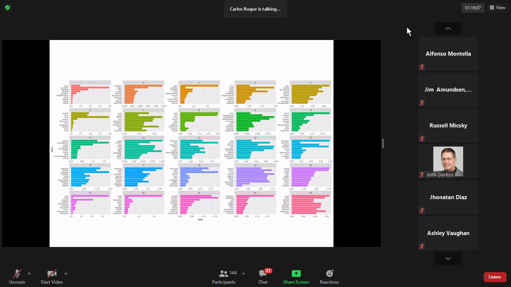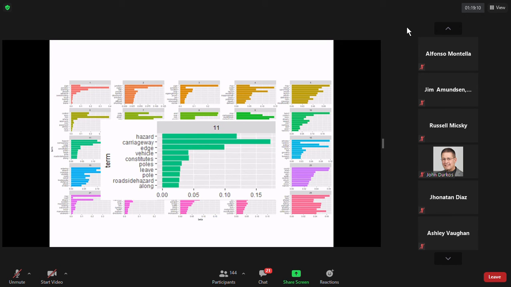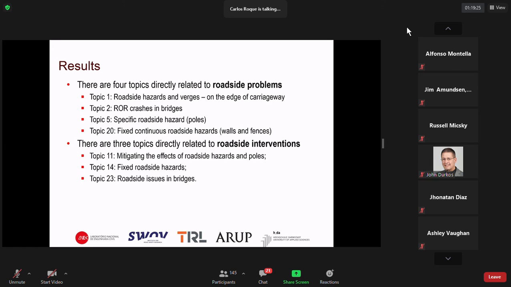Here we can see that the word hazard has an 11% probability of being generated from topic 11, whereas pole has a 3% probability of being generated from the same topic. In short, there are 4 topics directly related to roadside problems and 3 topics related to roadside interventions.